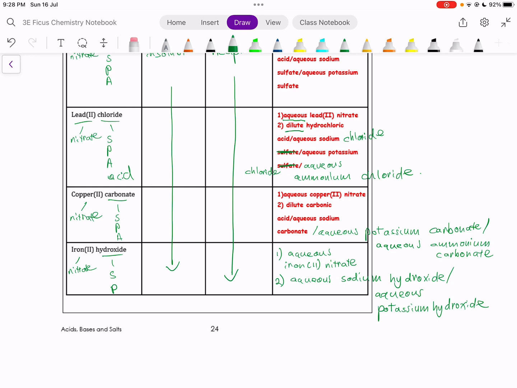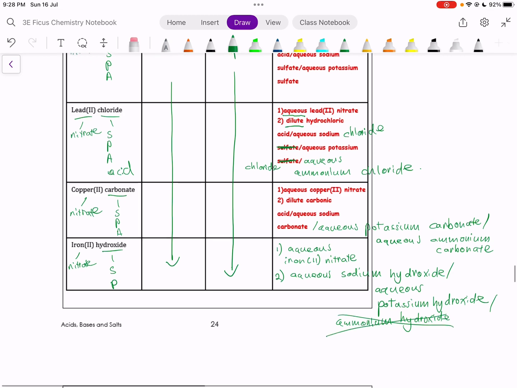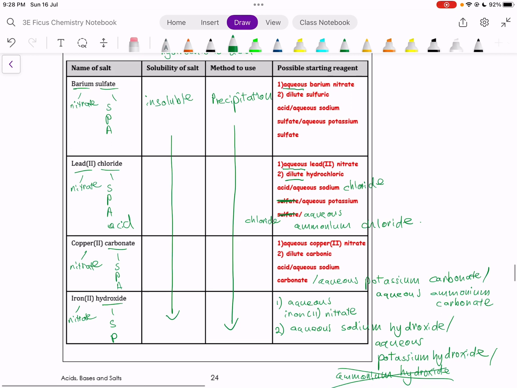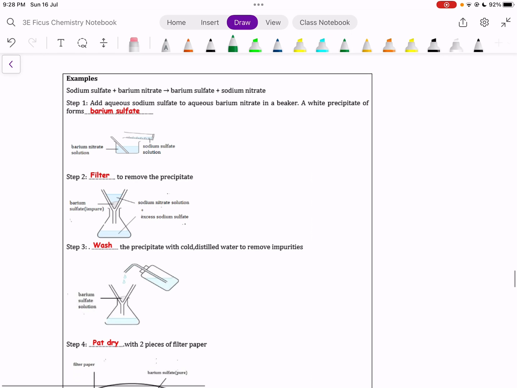But do not write ammonium hydroxide, there's no such thing. Then we are done with the possible starting reagents. So now let's look at the techniques itself.